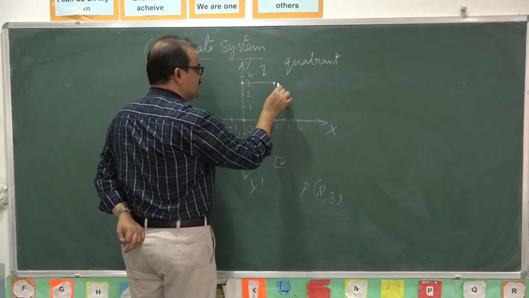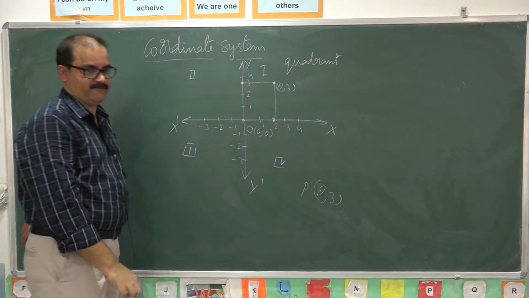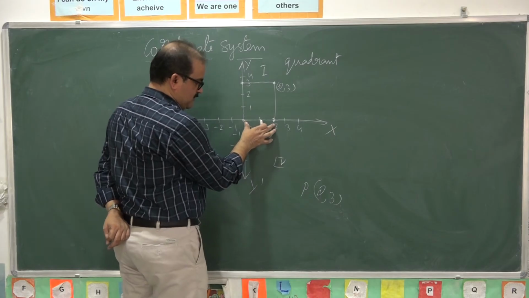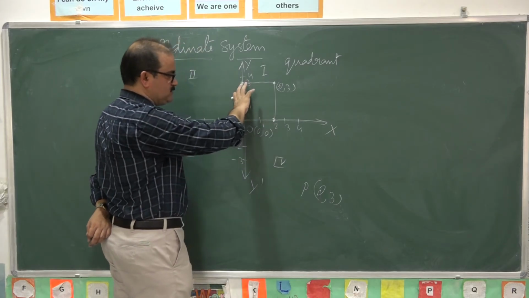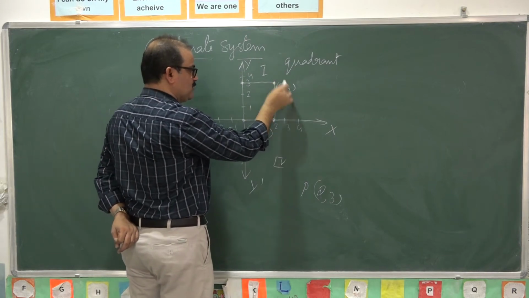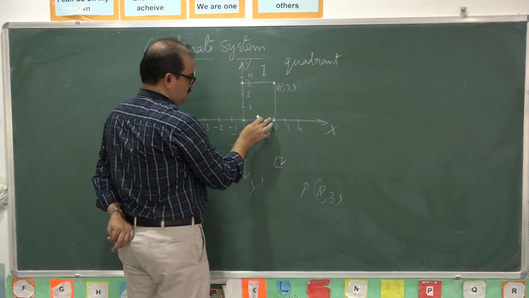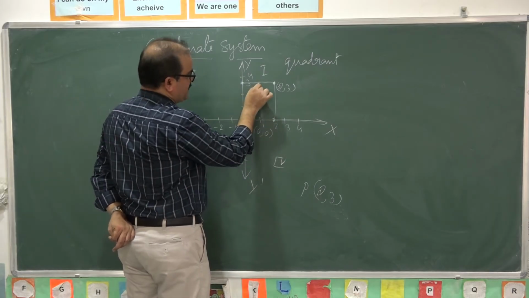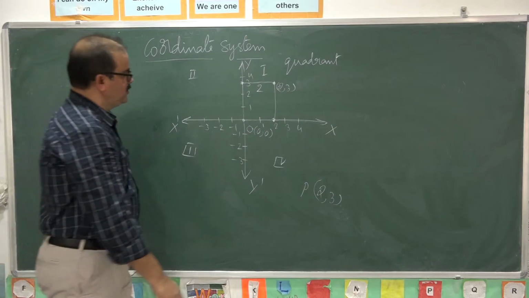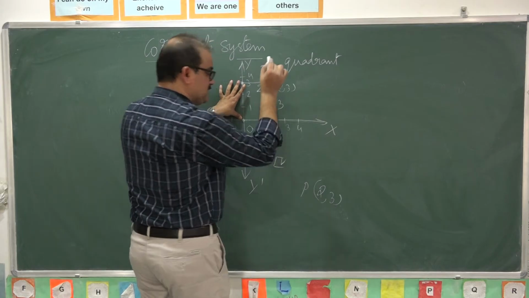On x-axis you take the length 2, on y-axis you take the length 3. This is the location of the point (2, 3) in the graph. You observe that this distance is 2. If this distance is 2, automatically this distance is also 2. If this distance is 3, then this distance is also 3.